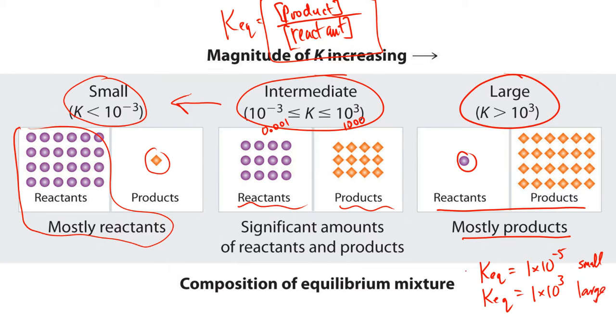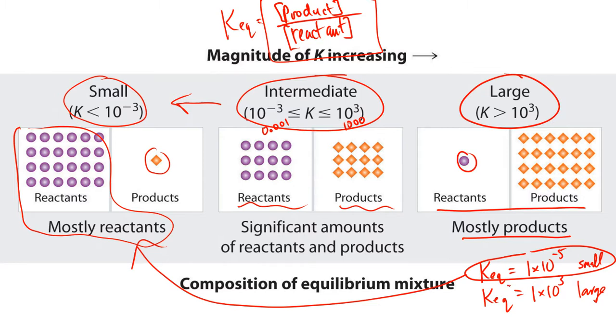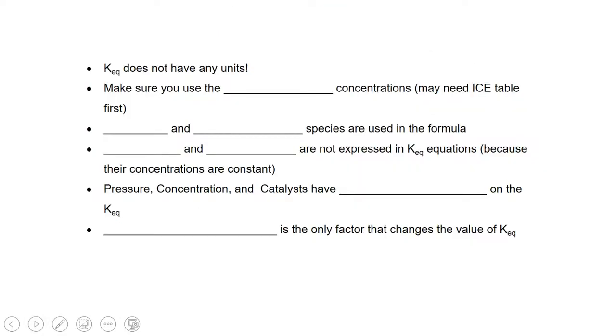So which of these equilibriums would you say lies further to the reactant side or further to the product side? This one being smaller lies further to the left, the reactant side. This one being larger would lie further to the right, the product side. So it's just a comparison is what it helps us do at this point in time.